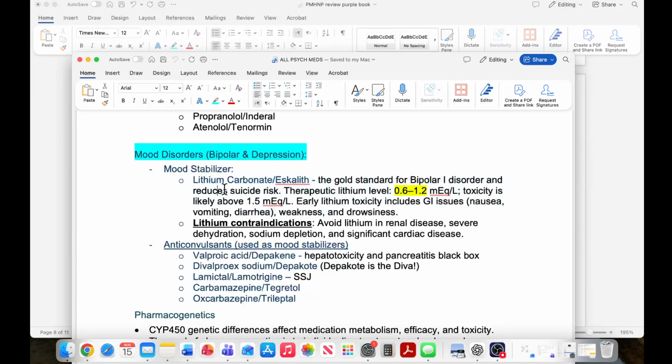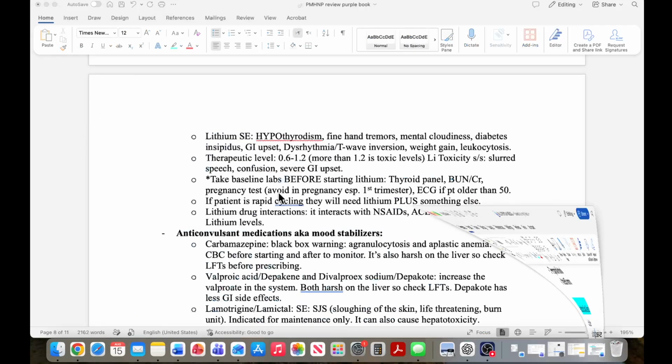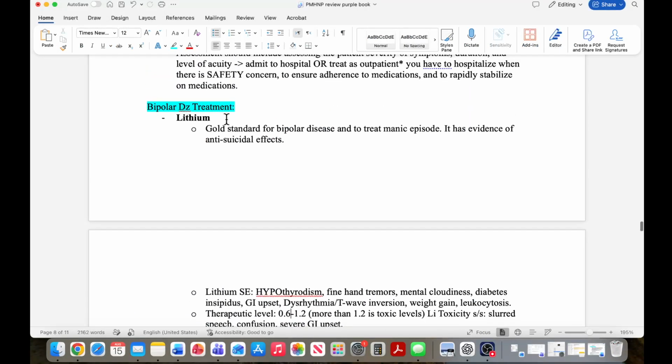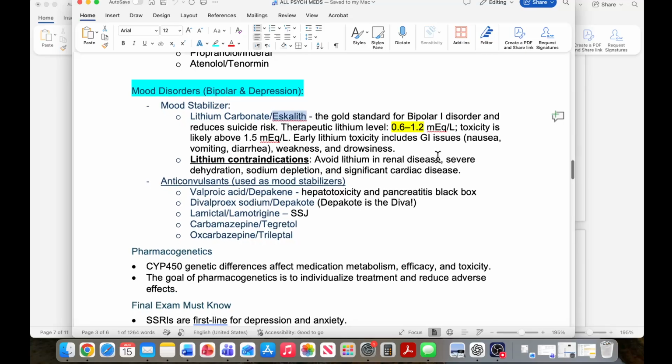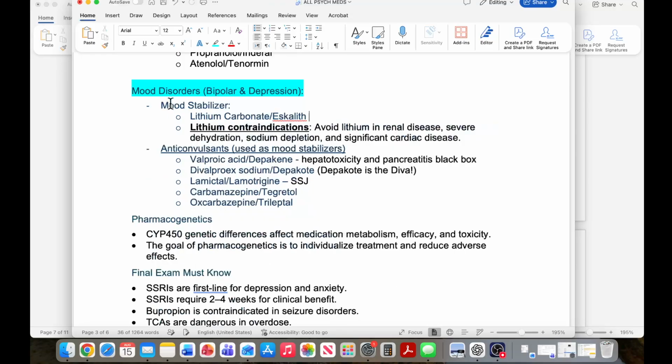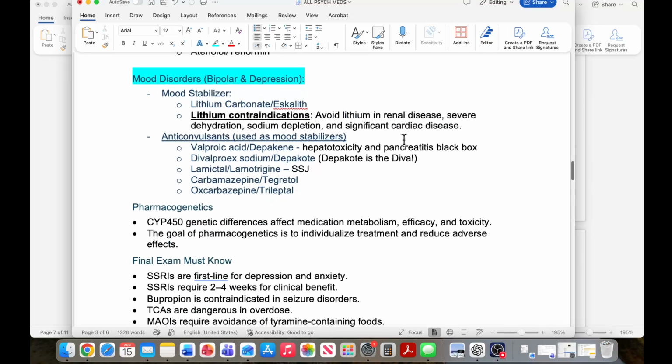And of course, the fancy name for lithium is Eskalith. Eskalith sounds like a Greek god, you know, from the Odyssey or something. Anyway, here it doesn't even say slurred speech. I don't know where I got this information from, but I don't like that. I'm going to stick with my purple book.